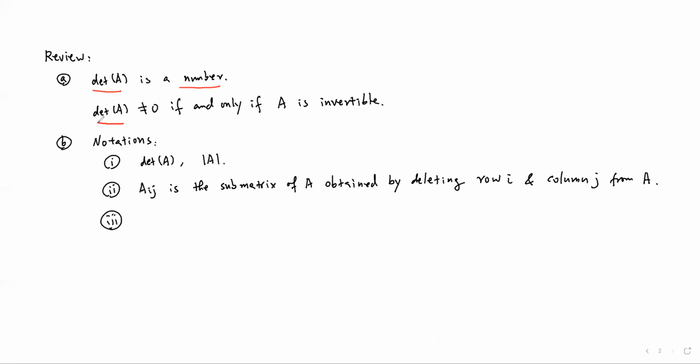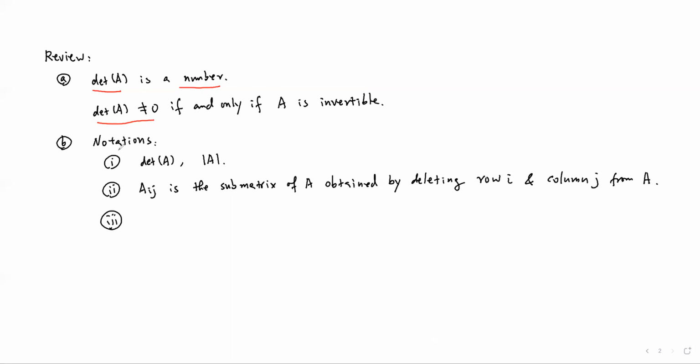When the determinant is non-zero, then the matrix is invertible. If this number is 0, the matrix is not invertible.